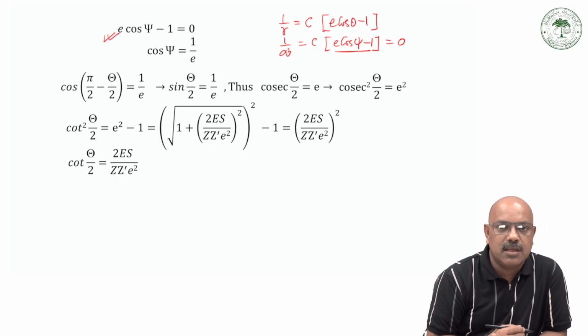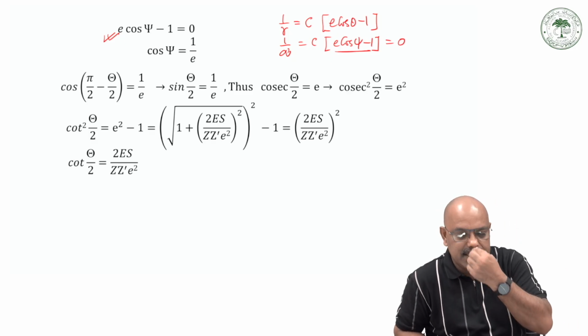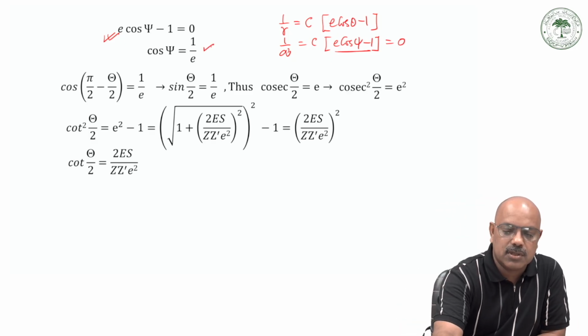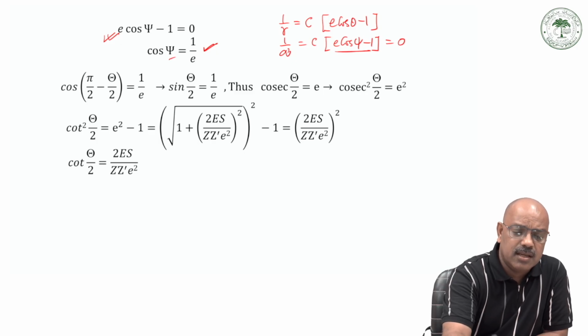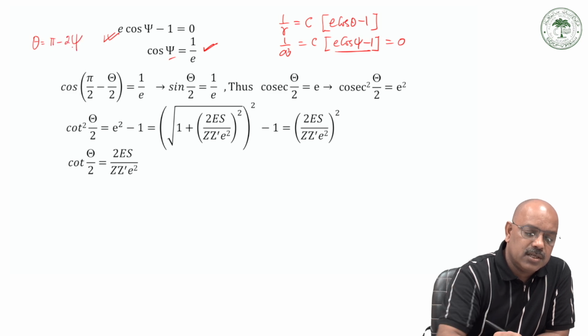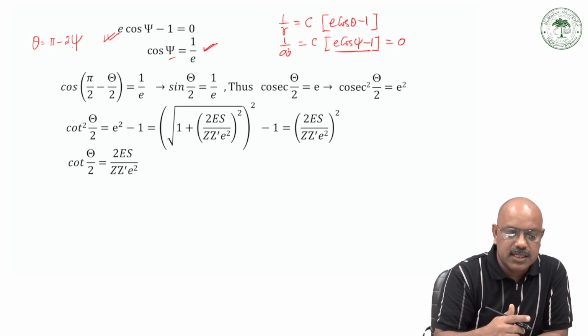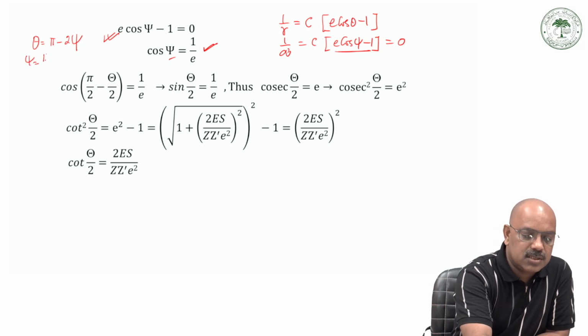So at r tending to infinity, theta is psi, and cos psi is 1 by e. Because the scattering angle is pi minus 2 psi, I can now relate this: psi is pi by 2 minus the scattering angle by 2.